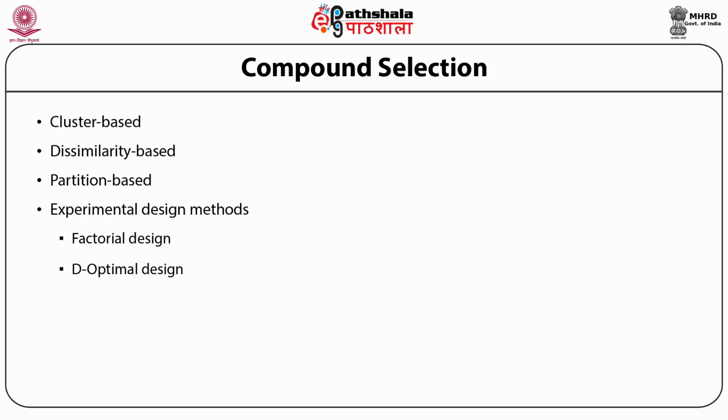We can do the partition based study, and also we can design using the information from the compound library, having compounds of different kinds or different scaffolds or different properties, and design them either by factorial designing or D-optimal designing. However, this statistical knowledge is important, and in many cases people use it to design the compound selection.